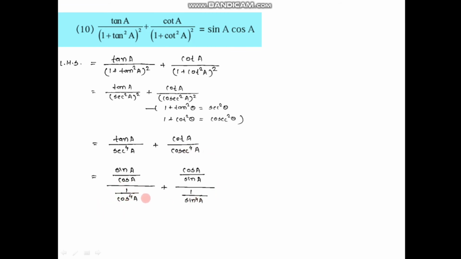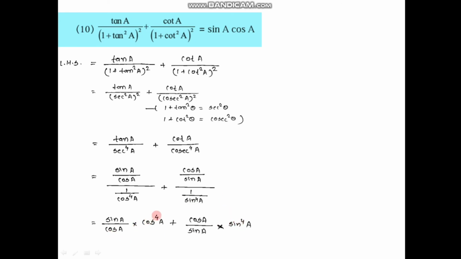Now if we take these two terms in the numerator, we would take the reciprocals. In the first term, the numerator sin a divided by cos a as it is, into, 1 divided by cos raised to 4a in the denominator, its reciprocal is cos raised to 4a, plus in the same way cos a divided by sin a as it is, into, 1 divided by sin raised to 4a, its reciprocal is sin raised to 4a.